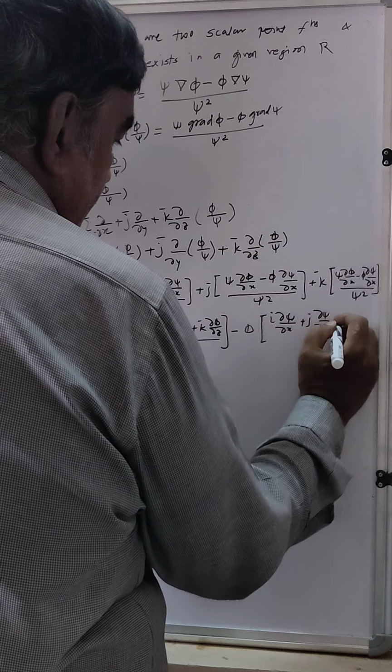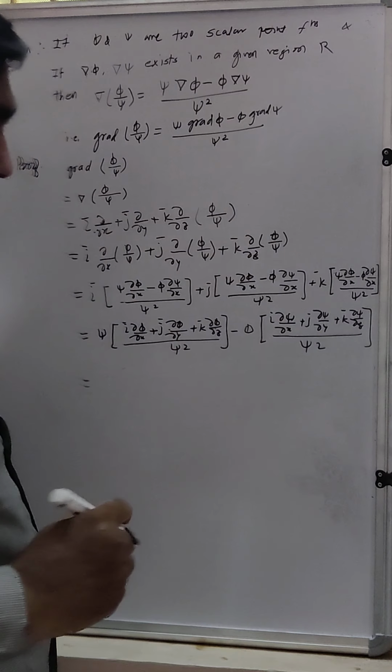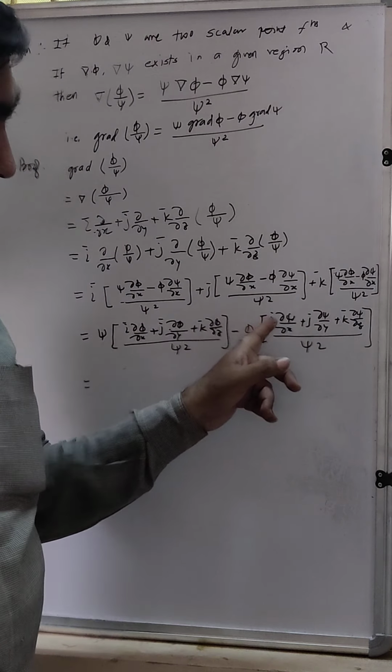We know that i ∂phi/∂x plus j vector ∂phi/∂y plus k vector ∂phi/∂z is del phi, and i vector ∂psi/∂x plus j vector ∂psi/∂y plus k vector ∂psi/∂z is del psi. So psi del phi minus phi del psi upon psi square, is equal to gradient of phi upon psi is equal to psi gradient of phi minus phi gradient of psi upon psi square.